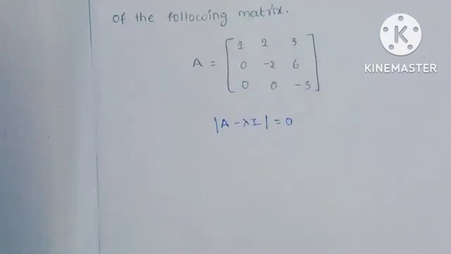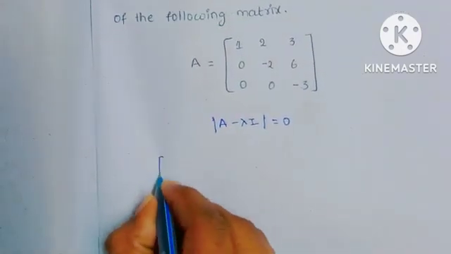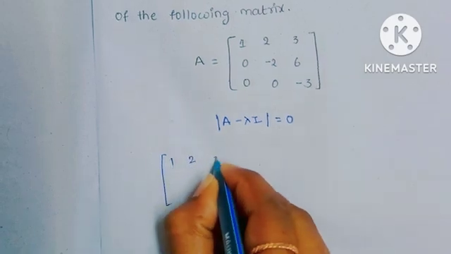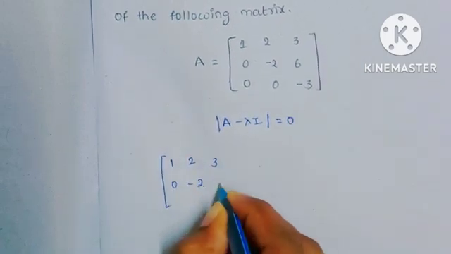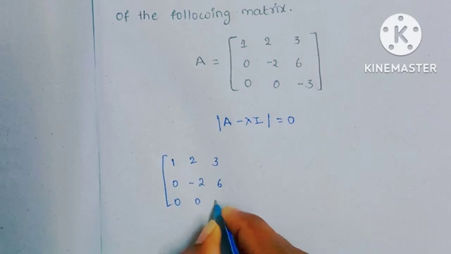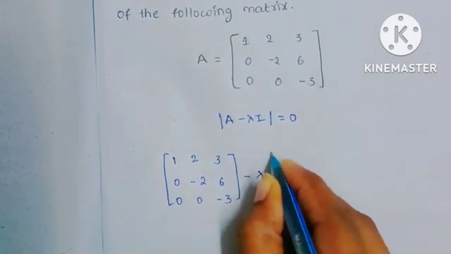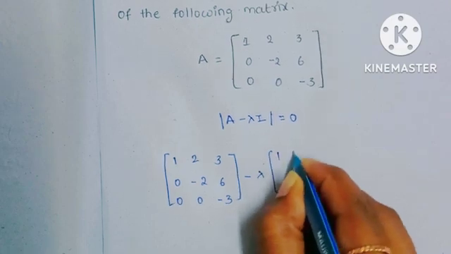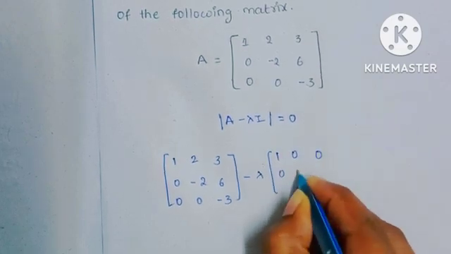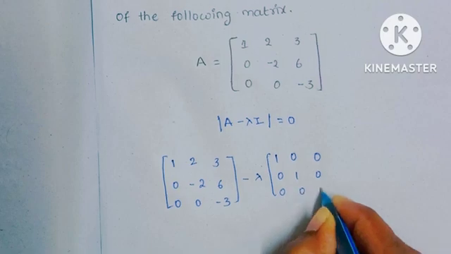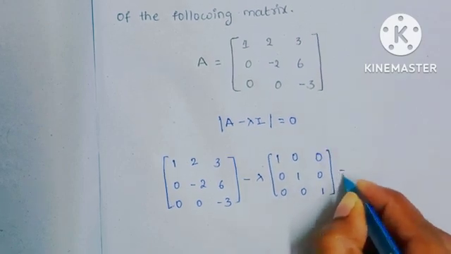Here the A matrix is [1 2 3; 0 -2 6; 0 0 -3] minus lambda into I, where I is the identity matrix [1 0 0; 0 1 0; 0 0 1], which is equal to 0.